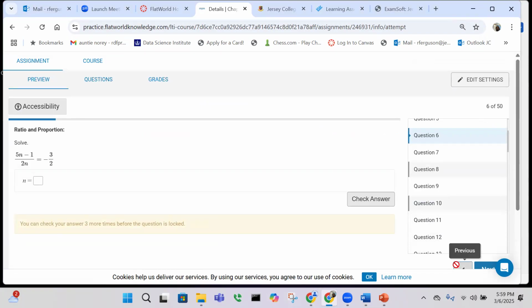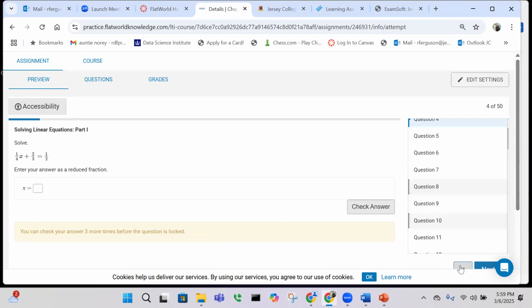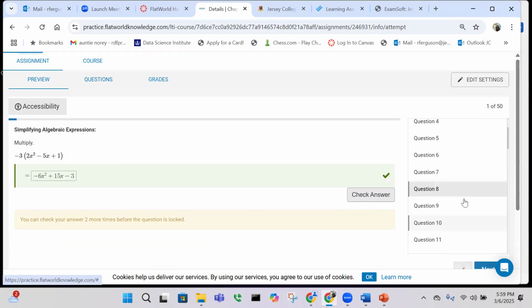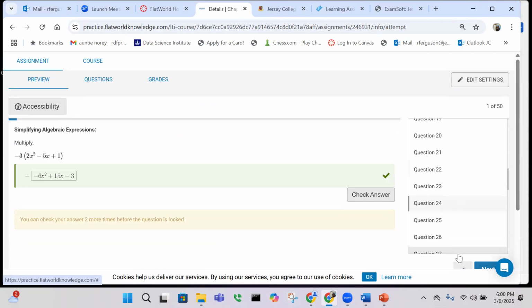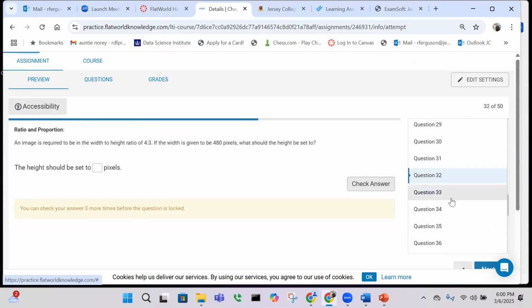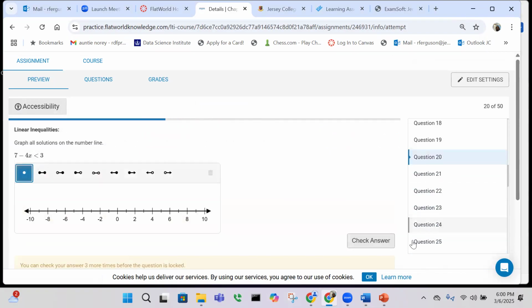What is it? This number one. All right. After, I'll go over these.